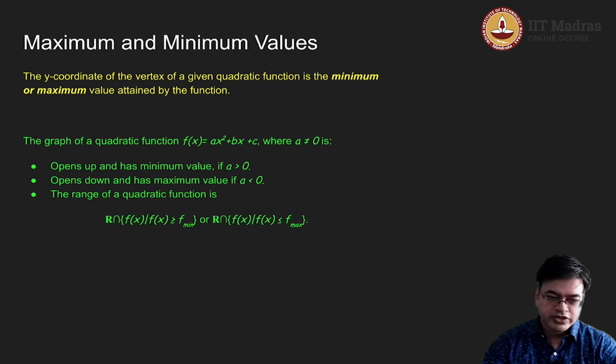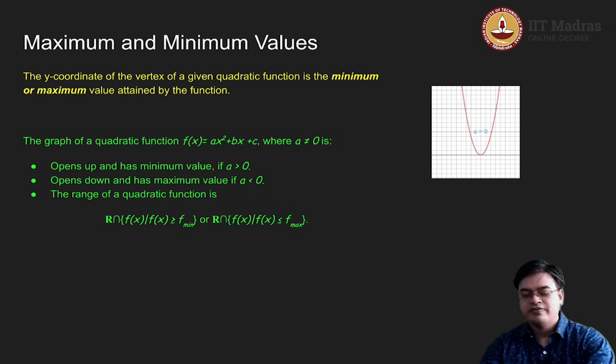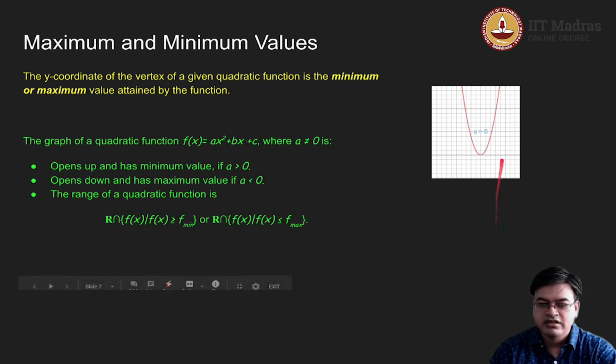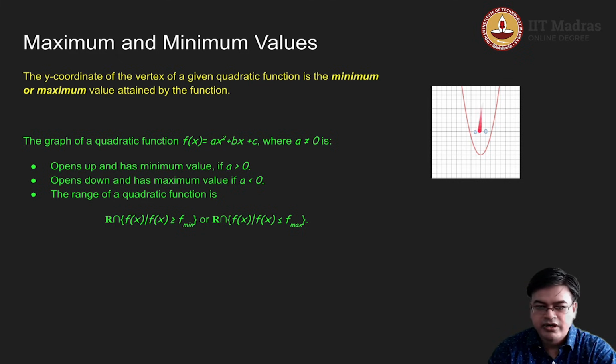So let us try to visualize this. For example, if a is greater than 0, your graph looks like this. So in particular, the range of y values is from this point upward. So this is the entire real line above this value.